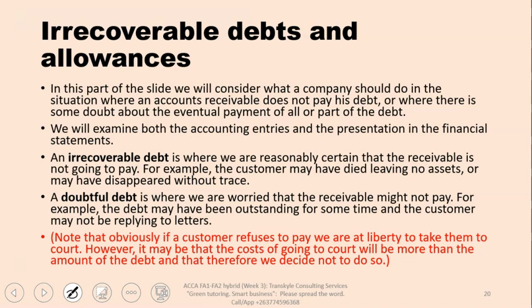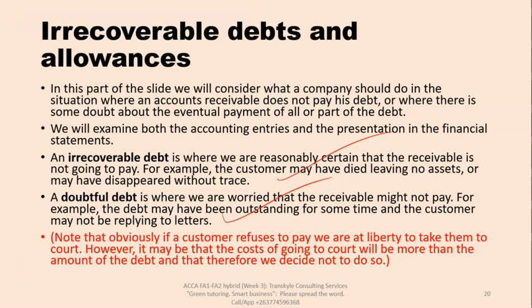An irrecoverable debt is where we are reasonably certain that the receivable is not going to pay. For example, the customer may have died, leaving no asset, or may have disappeared without trace. Then we have a doubtful debt. This is where we are worried that the receivable might not pay. For example, the debt might have been outstanding for some time and the customer may not be replying to the letters sent from us.